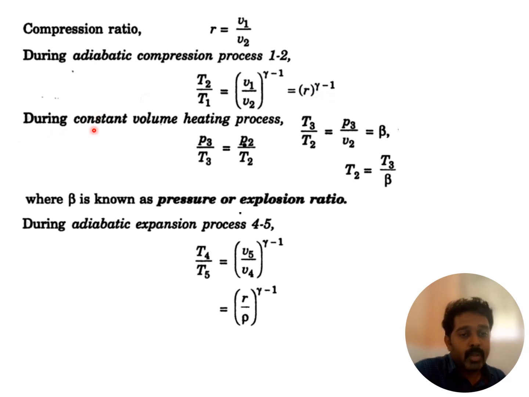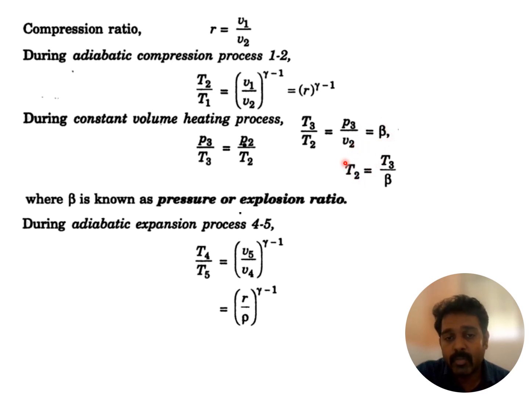Then during the constant volume heating process, P3 by T3 equal to P2 by T2, and that relation gives T3 by T2 equal to P3 by P2. That is beta.